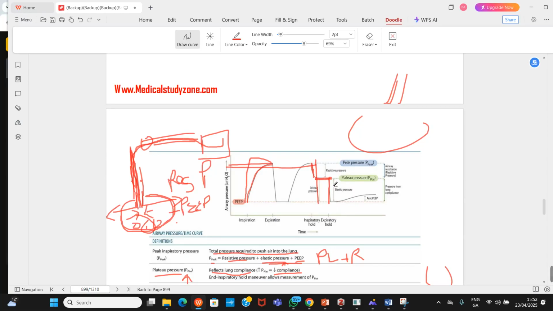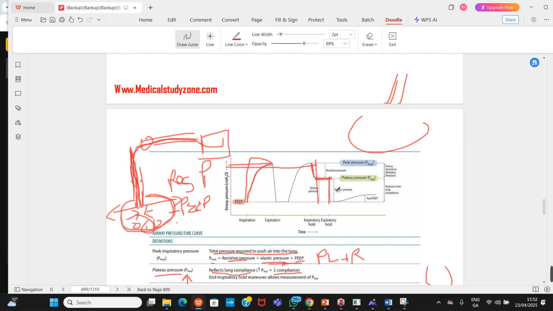The one beneath here, from here to here, is our PEEP. PEEP is always at the baseline. So if you add PEEP to elastic pressure, it will total the plateau pressure. From here to here is your elastic pressure, as we can see in the diagram. This point is our plateau pressure, because we are assuming it's starting from baseline PEEP, which is like 5.